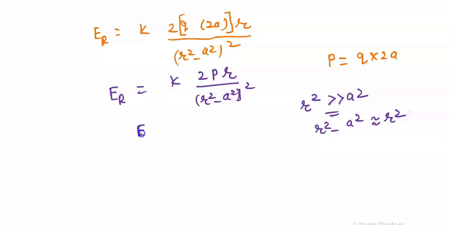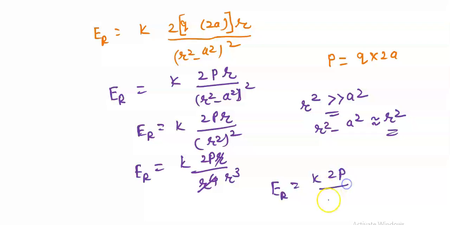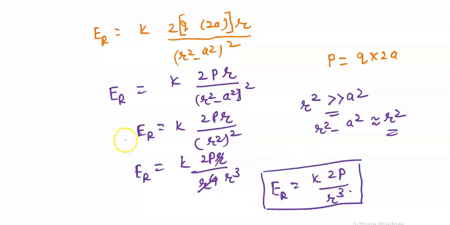So next step, we can write ER is equal to K, 2PR upon R square and its square, because R square minus A square we have written R square. So next it will be ER is equal to K, 2PR upon R to the power 4, and this will cancel, so it will give you R cube. So this is the expression, ER is equal to K 2P upon R cube, and this is the expression for electric field intensity at an axial point of the electric dipole.